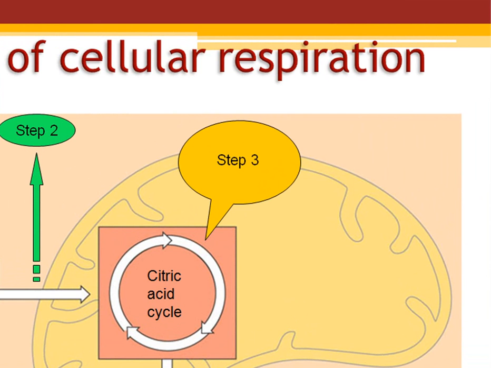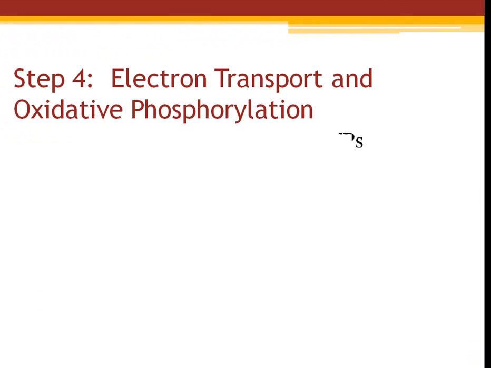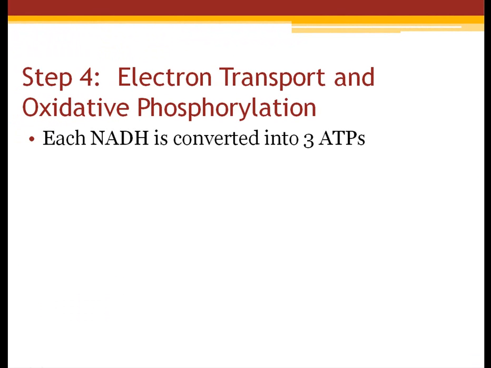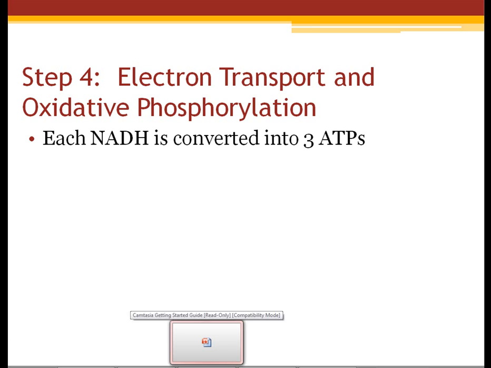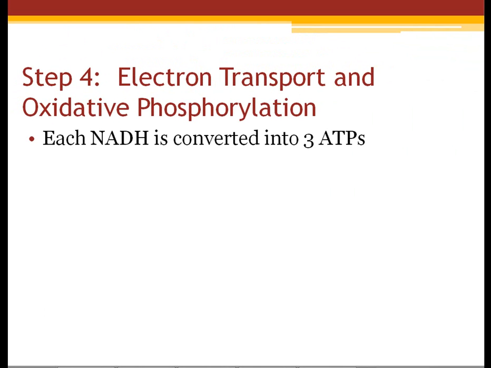The last step of cellular respiration is the electron transport chain and oxidative phosphorylation. The electron transport chain occurs inside the mitochondrion as well. It is at this point where we are going to see the bulk of all of our energy produced. Recall that during glycolysis, the transition step, and the citric acid cycle that we reduced NADH.